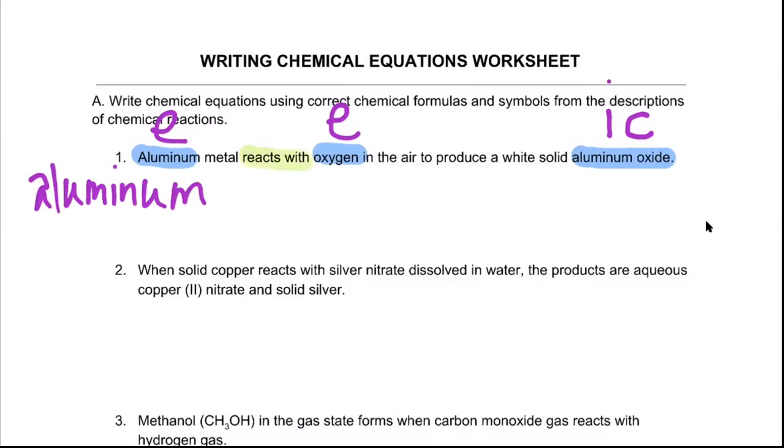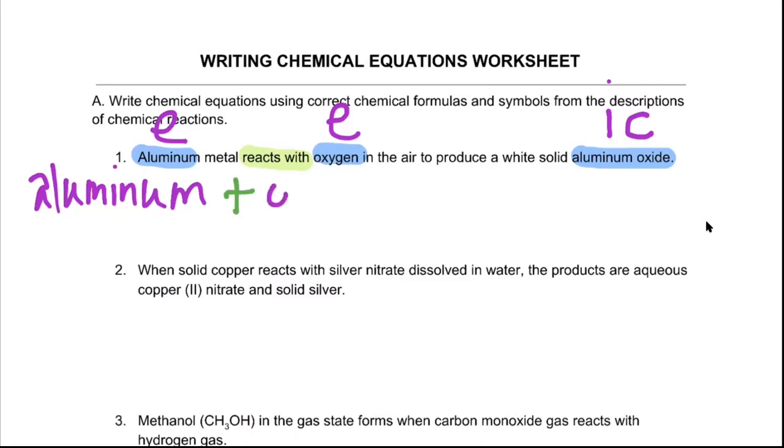Anytime it says reacts with, combines with, mixes, I'm trying to think if there's any other terms that we usually see. Reacts with, combines, mixes. Those are typically the most common you see, but anything like that, that's indicating that is where my plus sign goes because I'm mixing them together, I'm reacting them together, so I'm having to add them together. Okay.